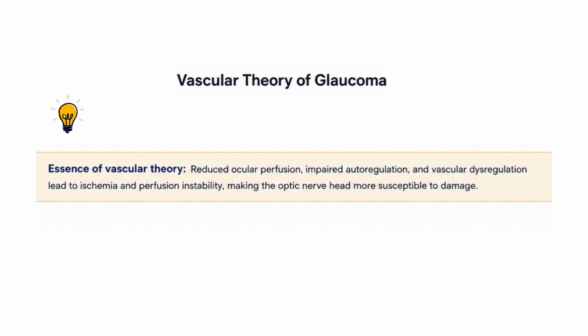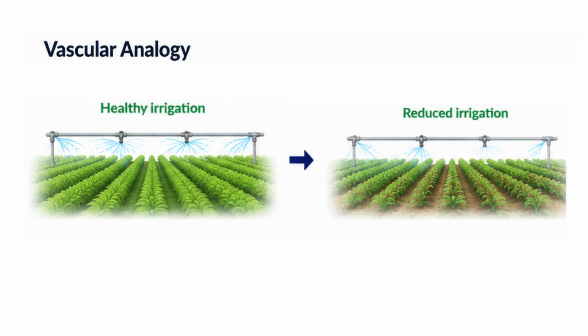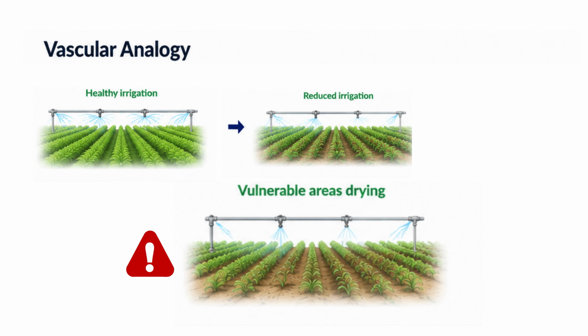fluctuations in blood flow. A simple analogy is an irrigation system supplying a field. A field may look normal for some time even if the water supply is reduced. But if the reduced flow continues or fluctuates repeatedly, the most vulnerable areas begin to suffer.